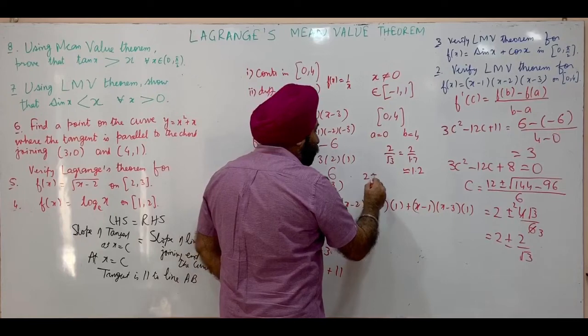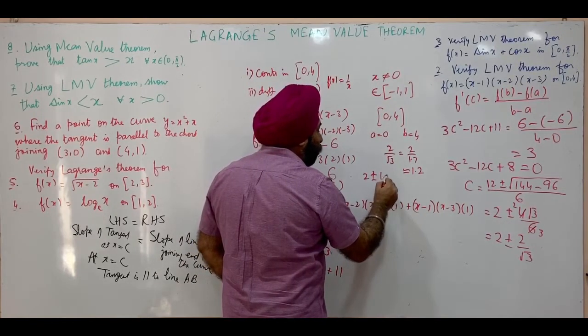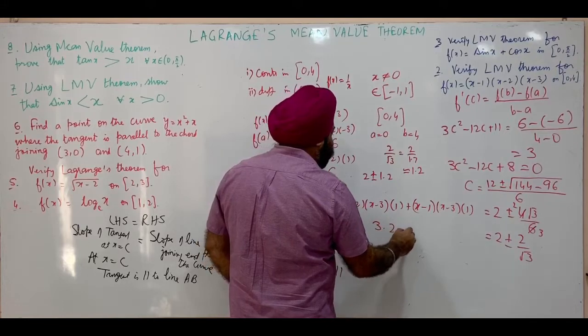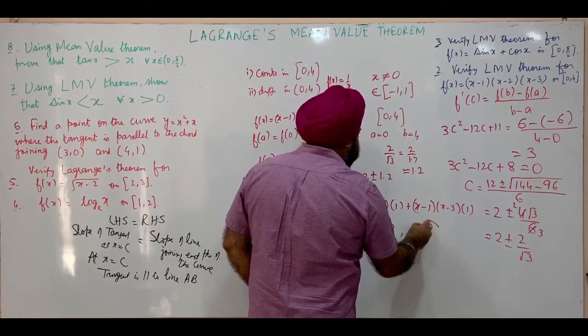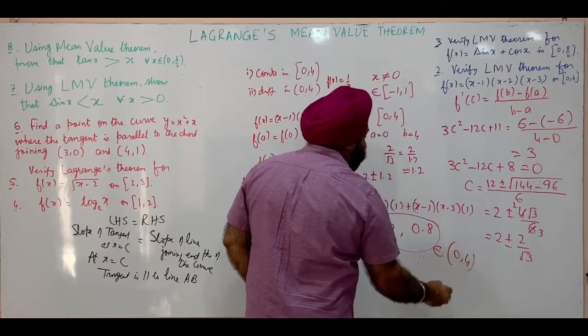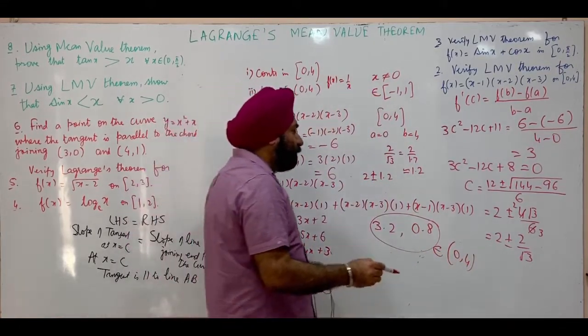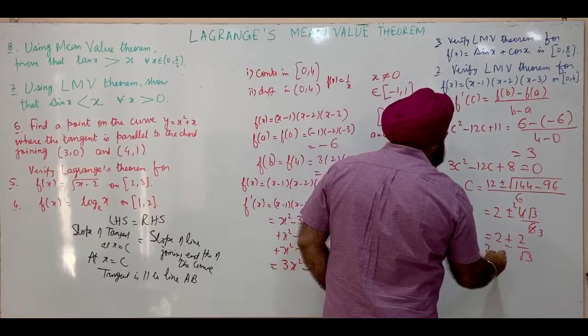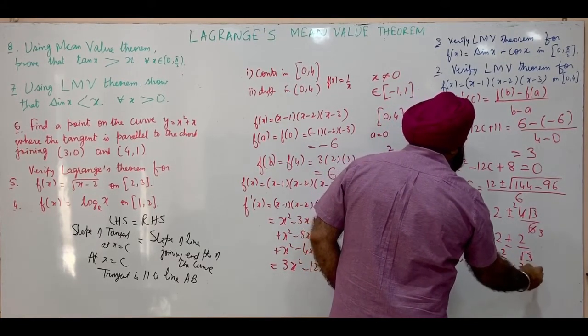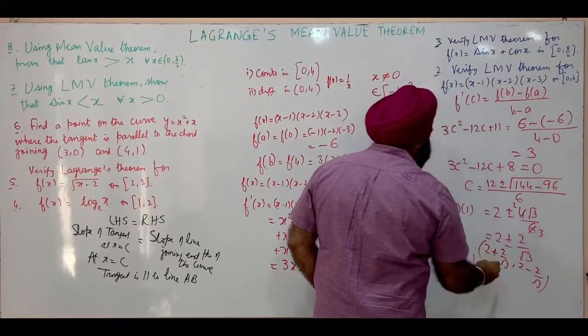So 2 plus minus 1.2 is 3.2 or 0.8. Both the values lie in the open interval 0 to 4. So we'll write the answer as c is 2 plus 2 by root 3 and 2 minus 2 by root 3. These are the two values.